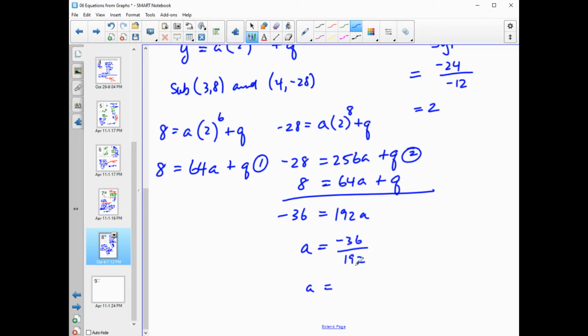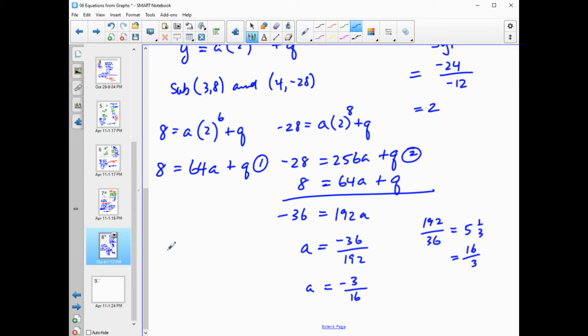That can be reduced; 192 divided by 36 unfortunately doesn't work out super nicely. I did it the other way around: 192 over 36 is 5 1/3, which is 16 over 3, which means this simplifies to negative 3 over 16 as my answer there.